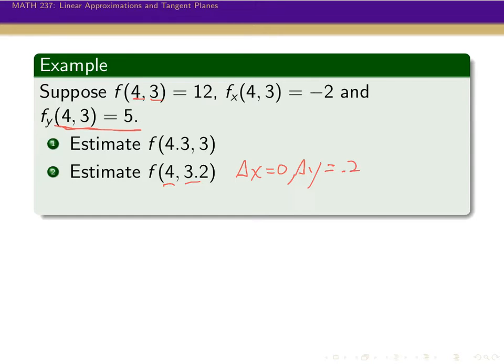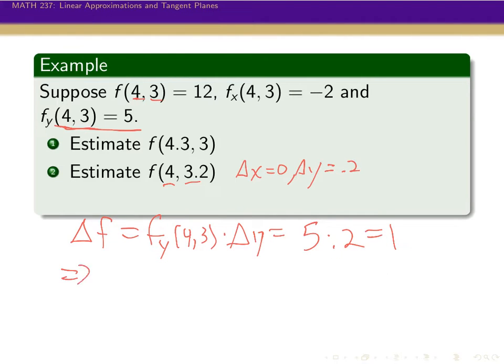Right? And so, same as before, we'd expect the change in f to be the partial at (4, 3) multiplied by the change in y. And so the partial at (4, 3) is 5, times 0.2. That gives us 1.